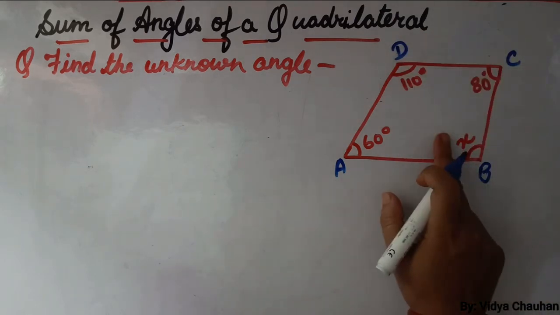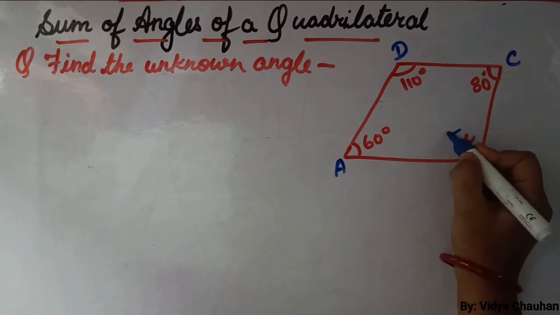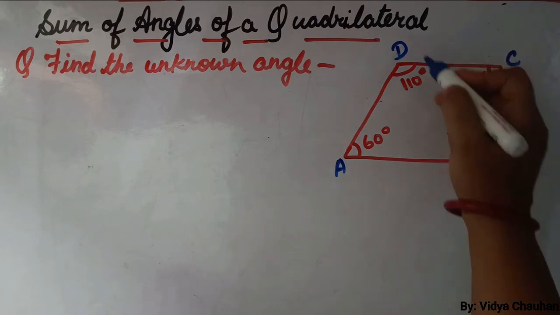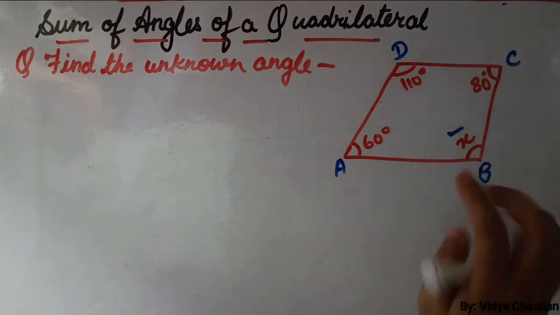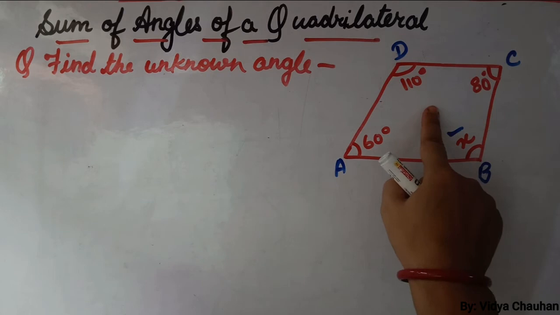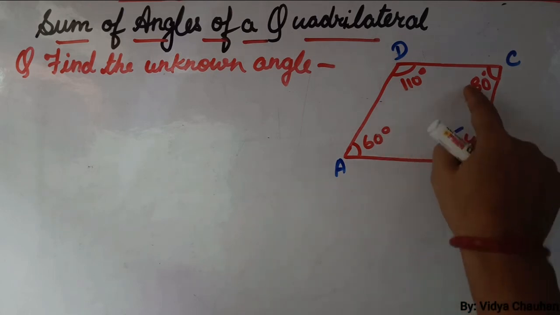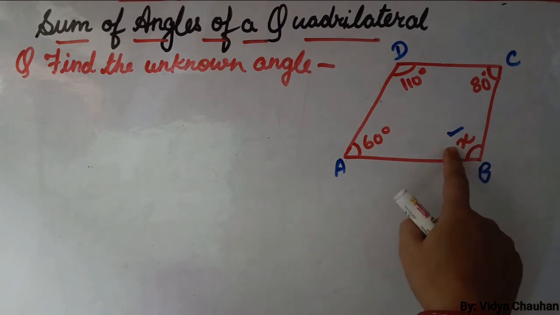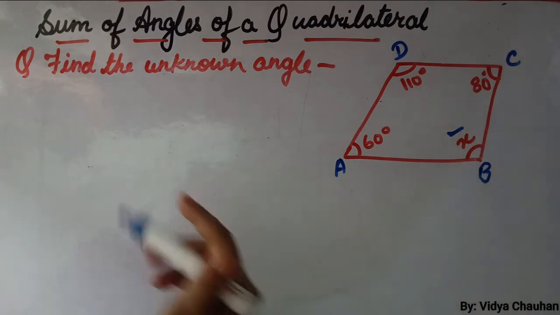Angle B is X. That means we have to find this value. Angle C is given to us as 80 degree and angle D as 110 degree. So here in this quadrilateral, as you can see that the value of three angles is given and we have to find this unknown value, the value of this X.